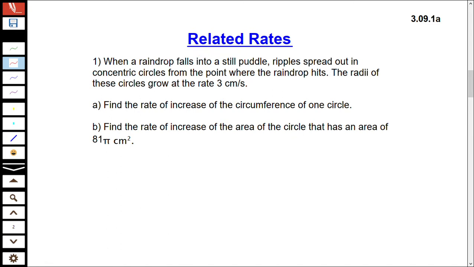So first, let's just draw a picture of what's happening. We're going to have a raindrop that's going to fall, and then it's going to go out in a circle. Maybe one second later, it's going to have another, larger circle.